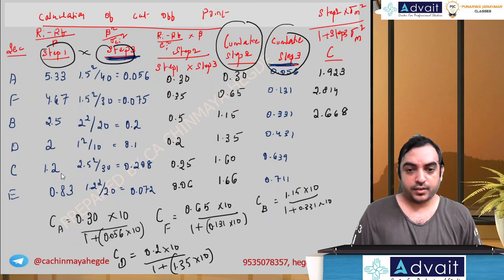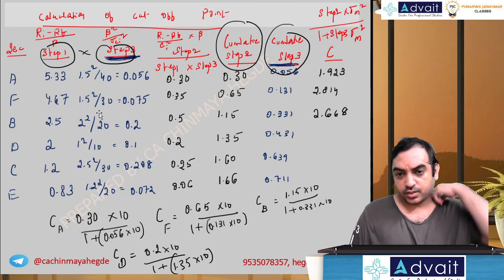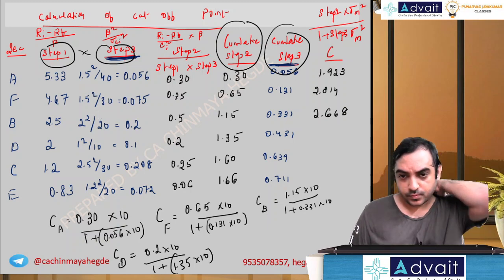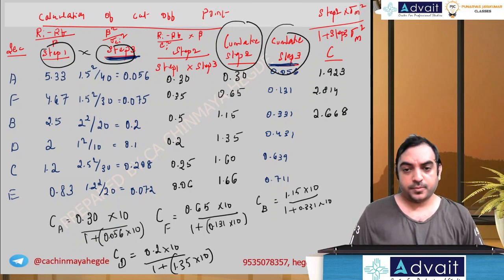Something is wrong. What happened? Calculate once more. Oh, something is wrong, it should be 0.331 into 10.